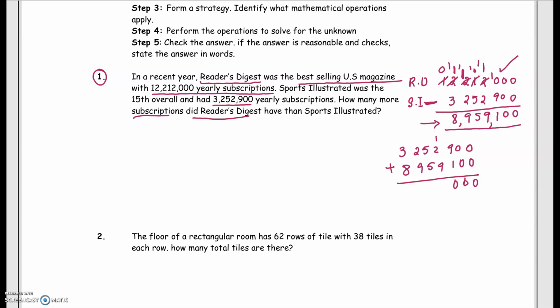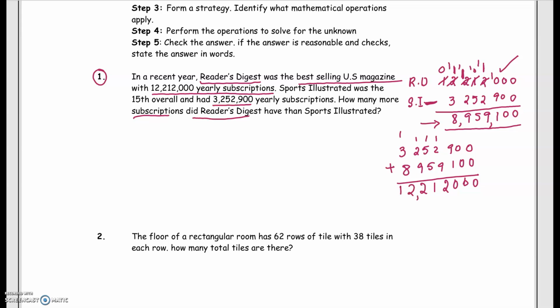Carry the 1 over, 9 plus 1 is 10. So that would be 12. Carry the 1 over. 5 plus 5 is 10, plus 1 is 11. Carry the 1 over, 9, 10, 11, 12. 8, 9, 10, 11, 12.